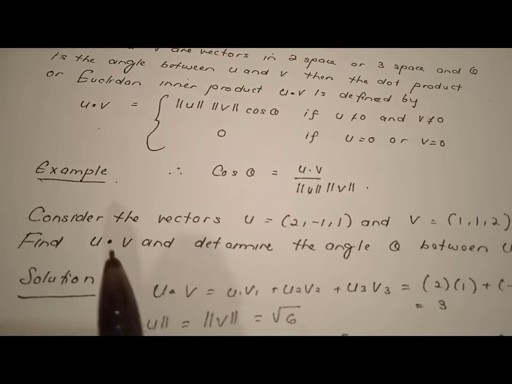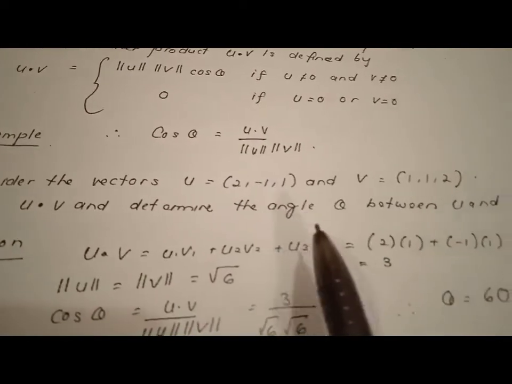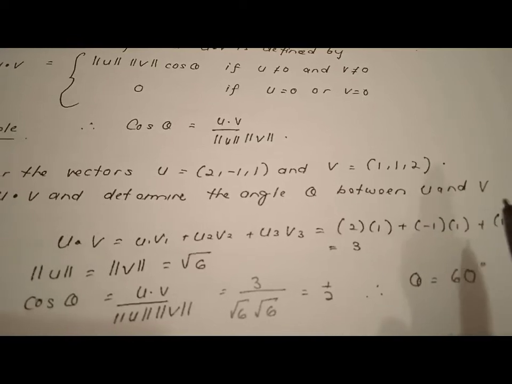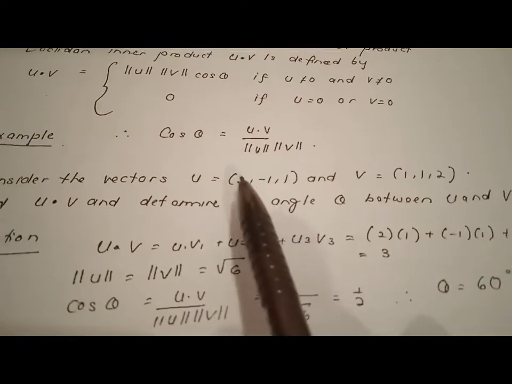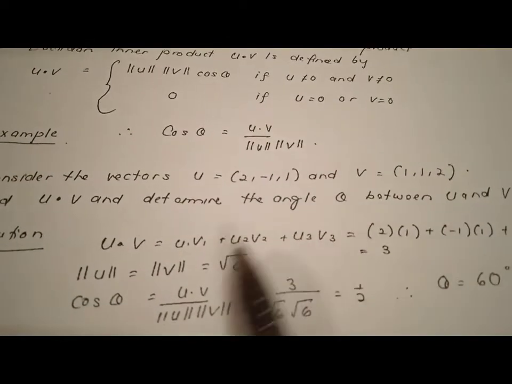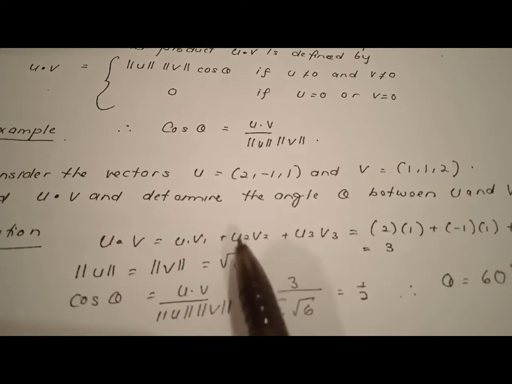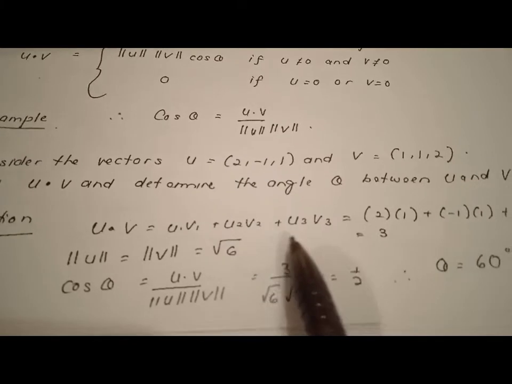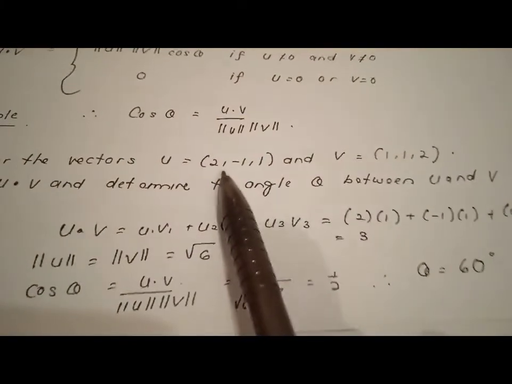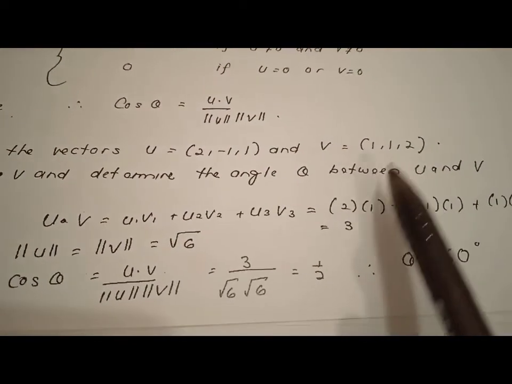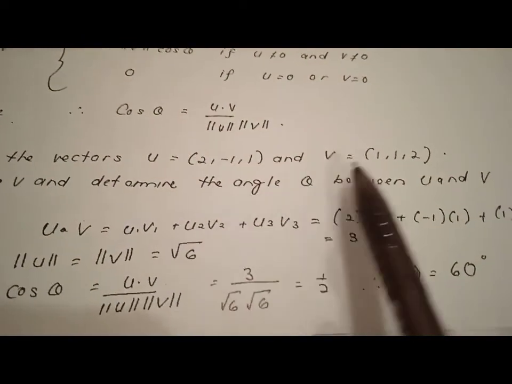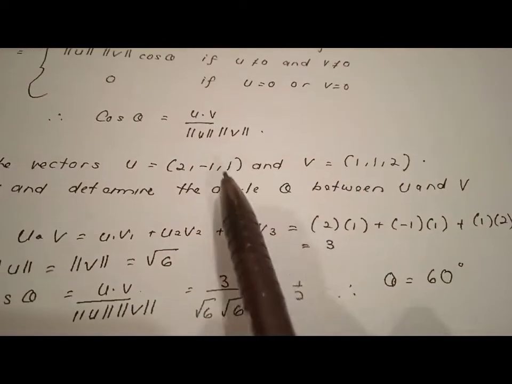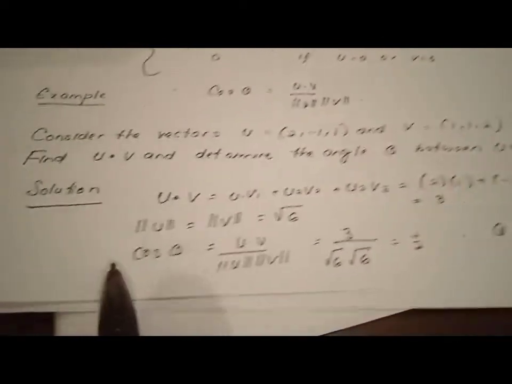Okay, example: consider the vectors u and v given by these components. Find u dot v and determine the angle theta between u and v. As usual, u dot v is u1 v1 plus u2 v2 plus u3 v3. So we have 2 times 1 plus minus 1 times 1 plus 1 times 2.